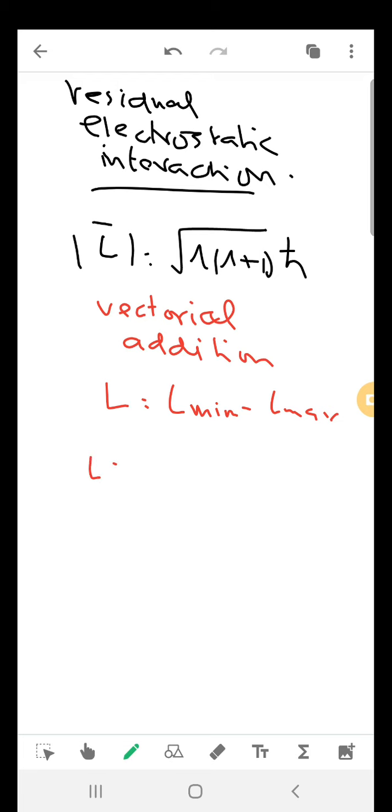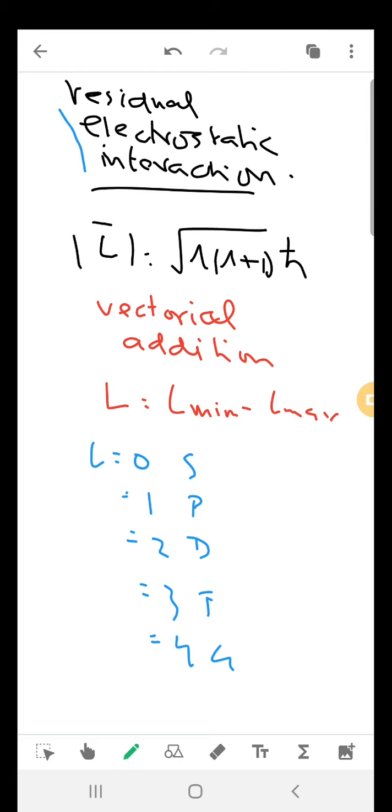For L equal to 0, 1, 2, 3, we will have different levels designated as S, P, D, F, G, etc. This is for the electrostatic interaction.